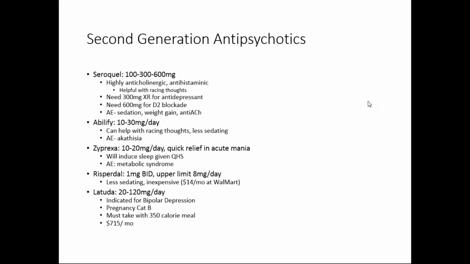I think Seroquel XR has an indication as an antidepressant, so that would make sense. Latuda has indication for bipolar depression. That would be justifiable if they can afford it. Latuda is really expensive. And similar to Geodon, Latuda needs to be taken with food to maximize absorption and therefore bioavailability.